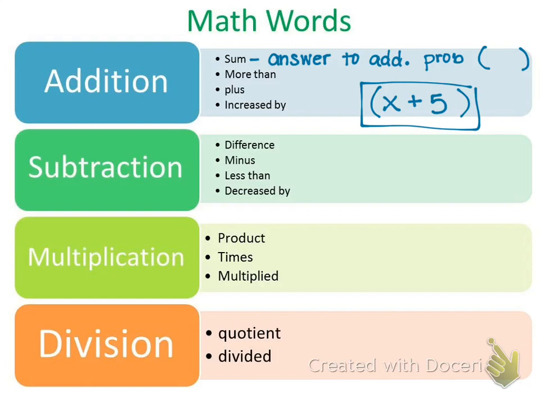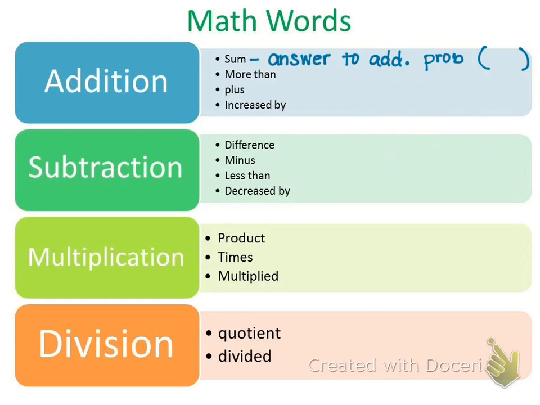That means I need 4 times the sum of x plus 5 equals 24. Okay? So that 4 has got to be multiplied by x plus 5, whatever the answer to x plus 5 is. That 4 is not multiplied by x. And that 4 is not only multiplied by 5, it's multiplied to the answer of that, okay? It'll make a little more sense once you actually see it in a sentence, and we can go through it.